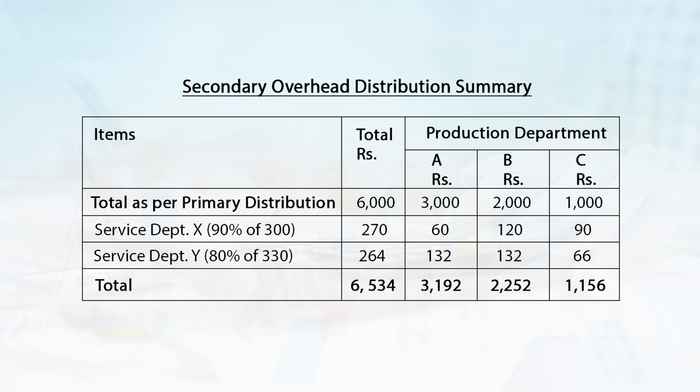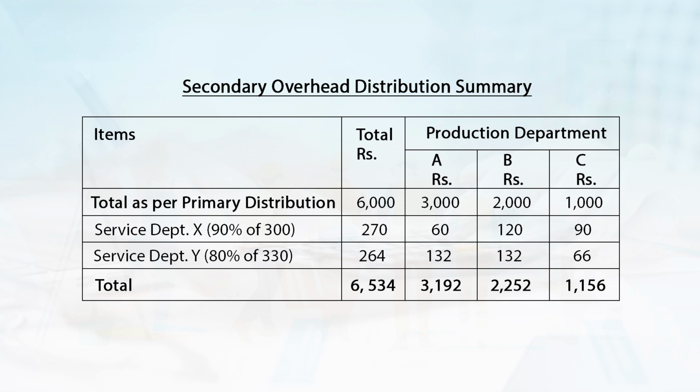Total as per primary distribution given in the example is rupees 6000. For production department A, amount is rupees 3000, for B rupees 2000, and for C it is rupees 1000. Service department X allocation is 90% of rupees 300, amount comes to rupees 270.